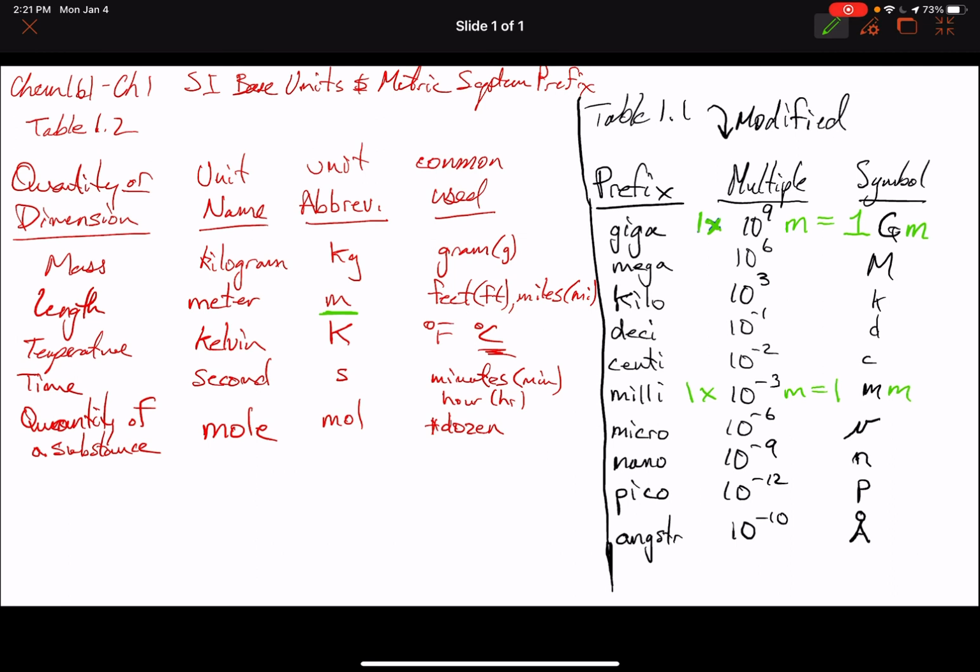So while the two symbols here are the same, lowercase m for both, the last one is indicating the type of quantity, so that would be the length. The first one is indicating the prefix for the multiplier, that is 10 to the minus 3. Let's keep going down. Maybe use the angstrom one. 1 times 10 to the minus 10 meters is equal to 1 angstrom.